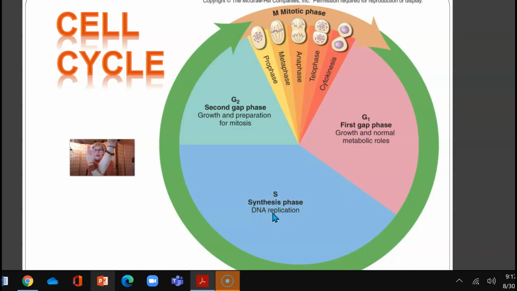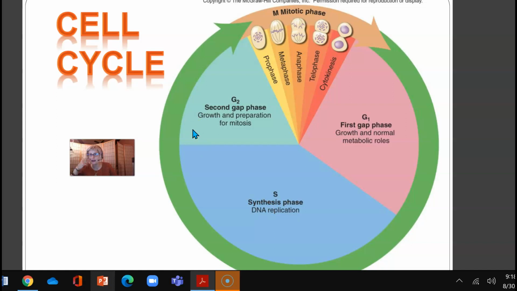So now you have two single strands, and then you develop a double helix on this single strand and a double helix on this single strand. So now we have duplicates. We do that because the cell's going to divide. So that's the S phase. The G2 phase is more growth and preparation for mitosis.